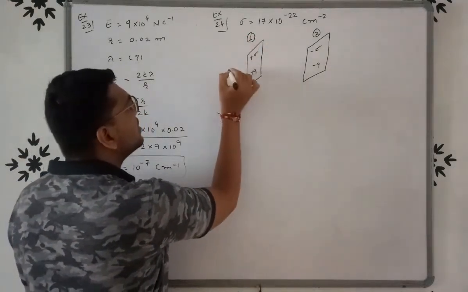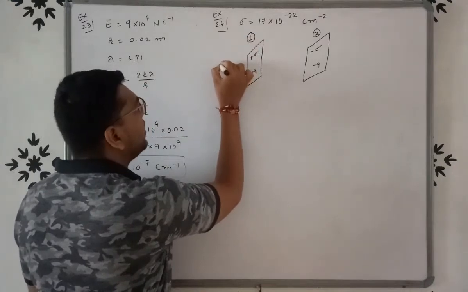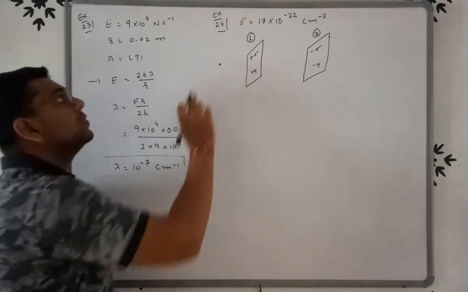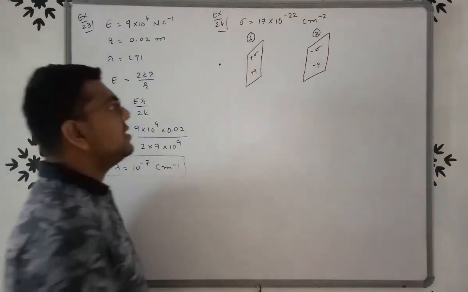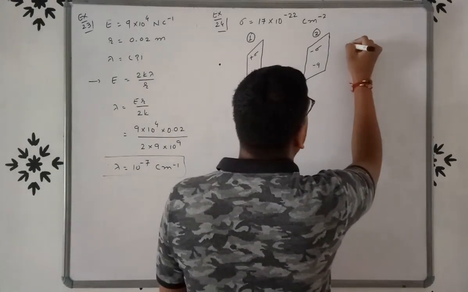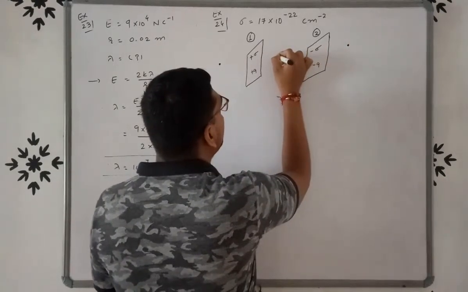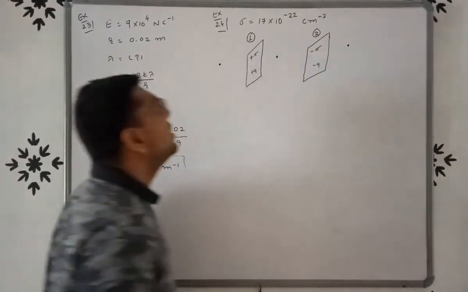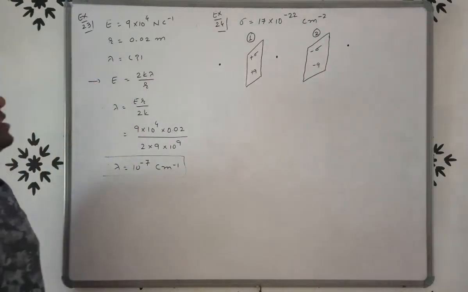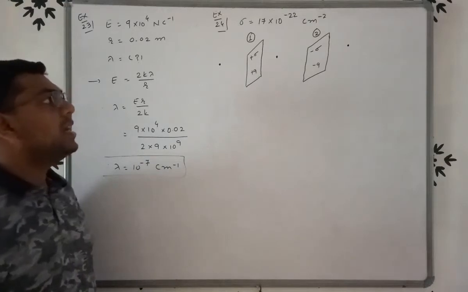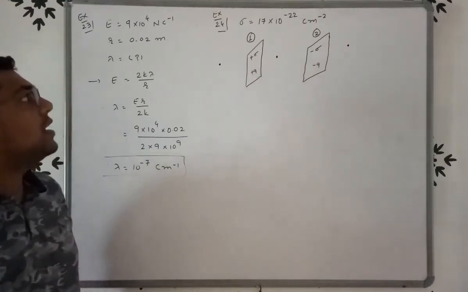So consider this is the point which is outside the first plate, this is the point which is outside the second plate, and this is the point which is between the two plates. Right. So at these three places we have to find the electric field, right?